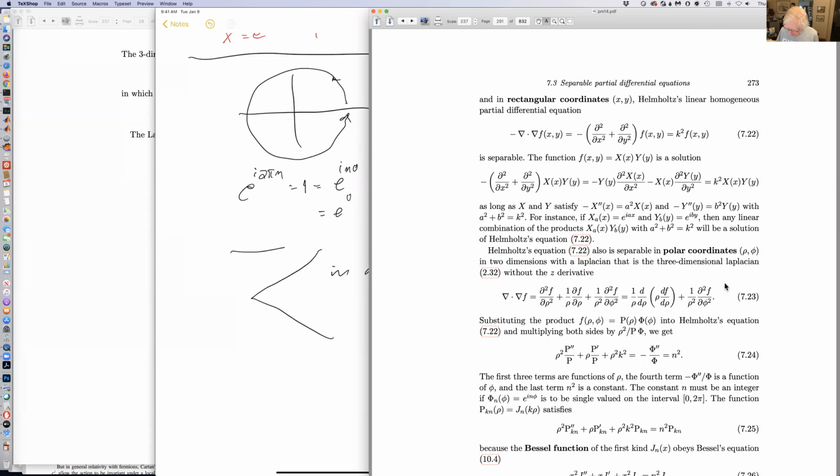You have different conditions here, and you're only interested in this restricted range of phi. Well, in this case, you can let n be an arbitrary number. It doesn't have to be real, and it doesn't have to be an integer.